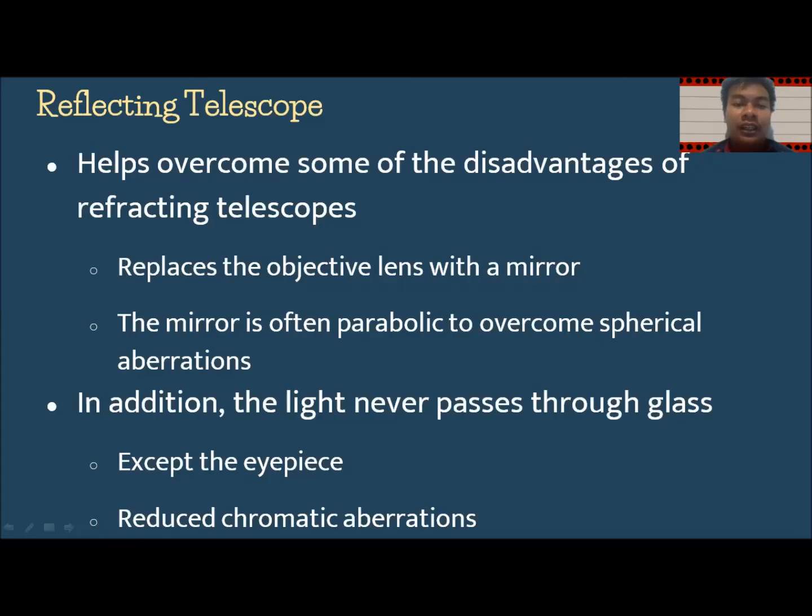Second, the mirror is often parabolic to overcome spherical aberration. And in addition, the light never passes through glass, except at the eyepiece, which reduces chromatic aberration.